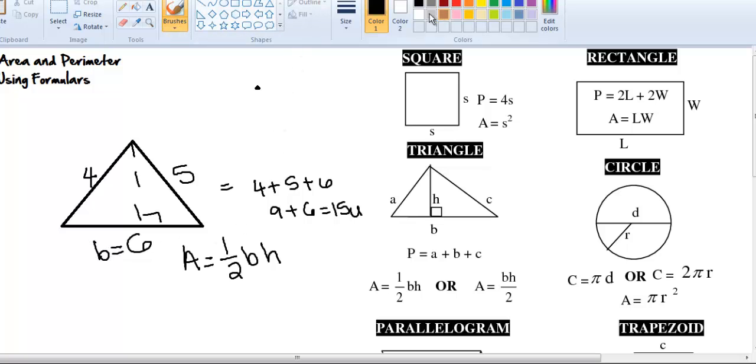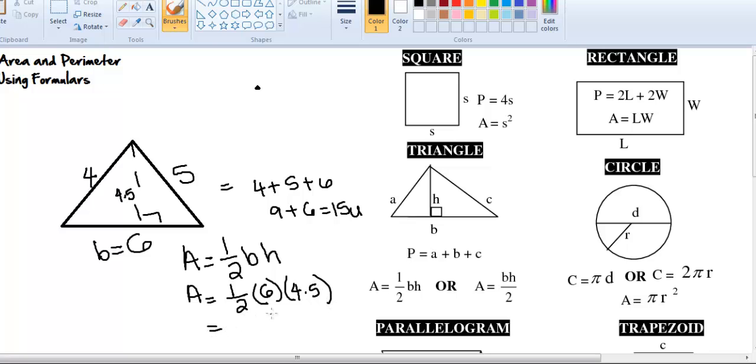So let me give you a height. Let's call this 4.5. Okay, so now we have every element to find area, and you just plug in. Instead of B, you're going to plug in 6, because 6 represents the base. Instead of height, you're going to plug in 4.5.